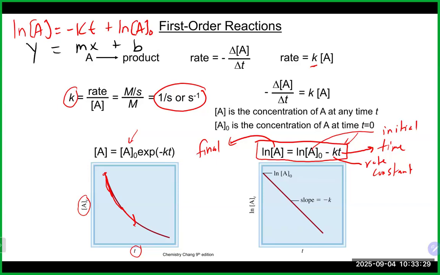So the typical first order plot that you see is the one over here on the right. On the y-axis, I will have the natural log of A, and on the x-axis, I will have time. And it will give you a linear relationship, as you can see here.